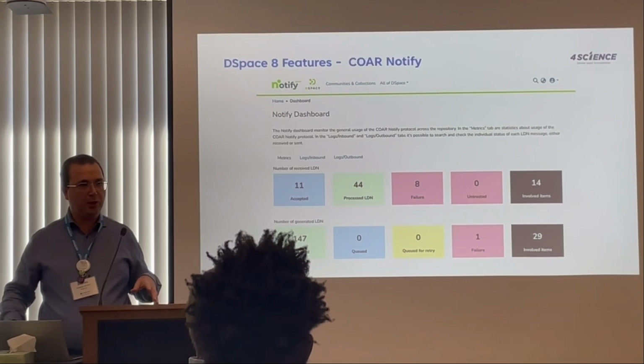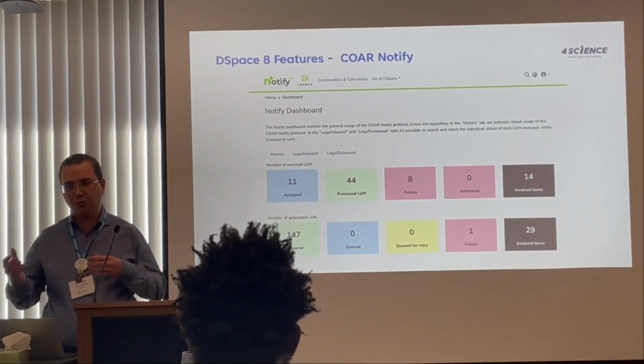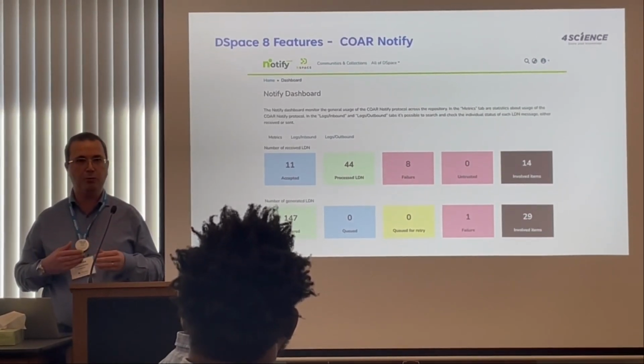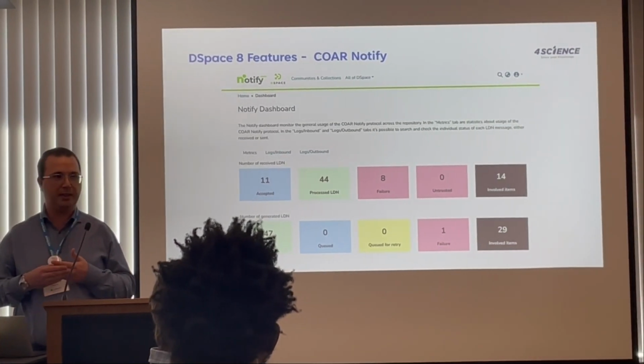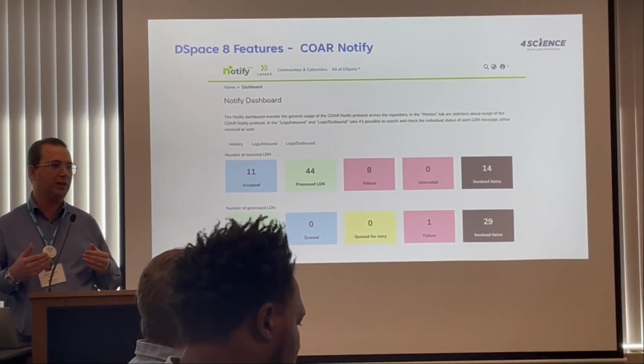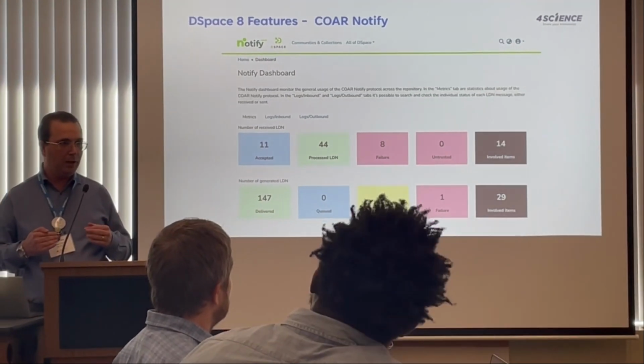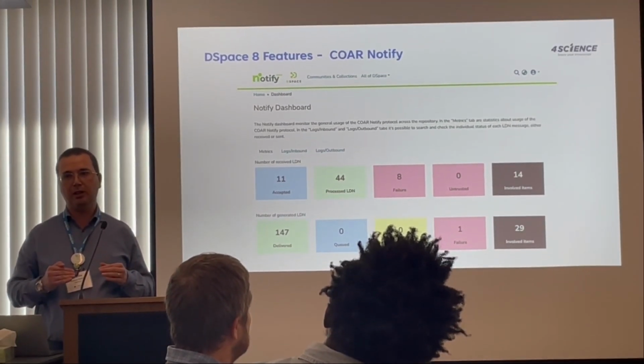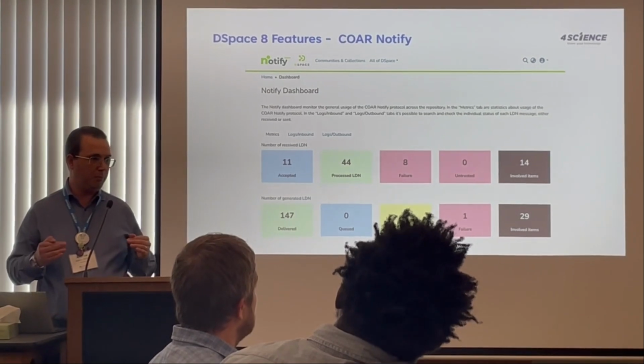You have a lot of dashboards to understand what is going on, how many messages were exchanged, in which status of processing these messages are, because everything is processed in an asynchronous way. We pay a lot of attention to the performance of your repository.